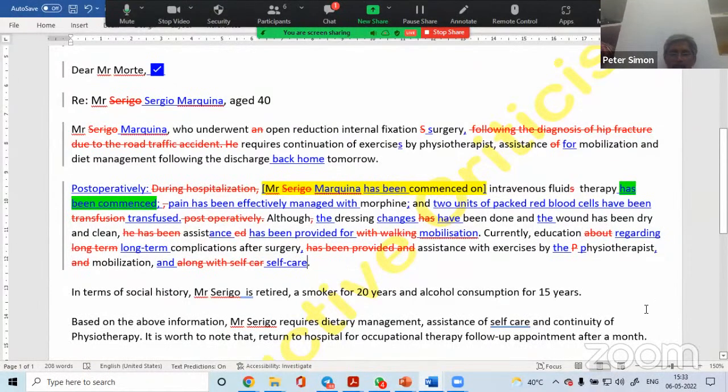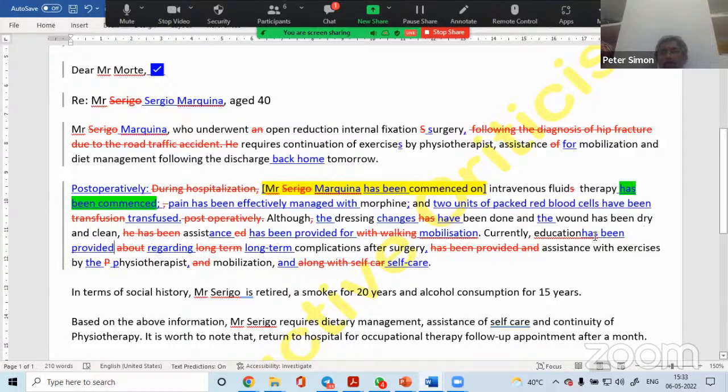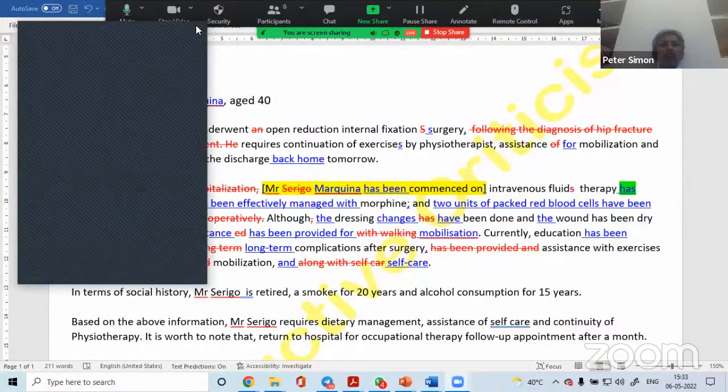Currently, education has been provided regarding long-term complications after surgery, assistance with exercises by the physiotherapist, and mobilization and self-care. So all these things are important. Self-care, one word, not two words.